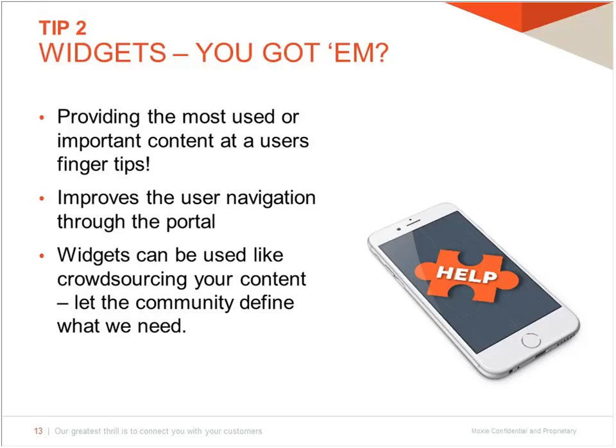I think one of my colleagues termed it as crowdsourcing for content, which I thought was also a great example. It's a way for us to show what's trending, what the community is looking at, and that might be equally important to me. The usability of the web self-service portal is what's critical to its success. I can't hit that home enough. I think that's a common theme that, hopefully, between that and the mobile piece and responsiveness, you take away from today's conversation.